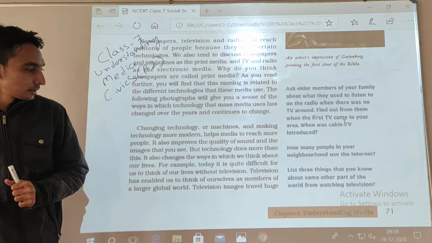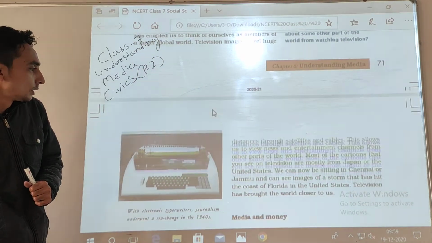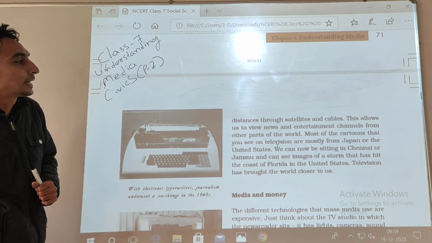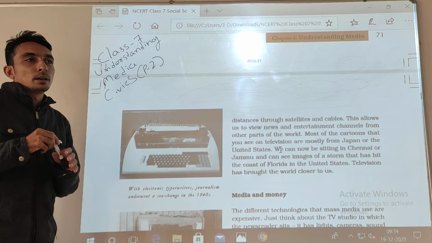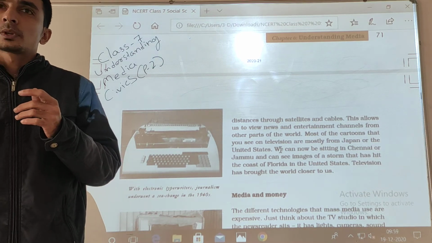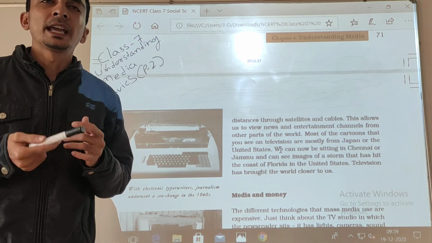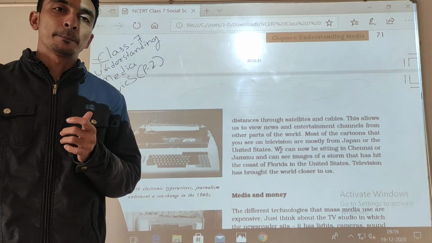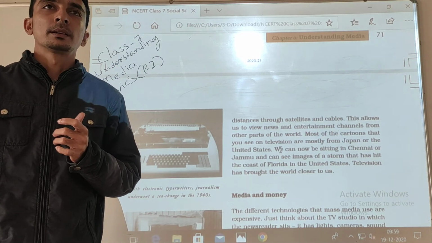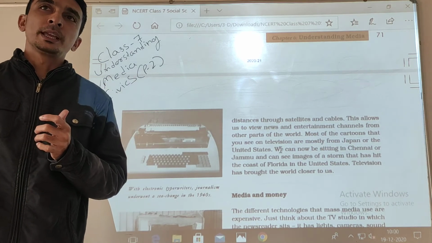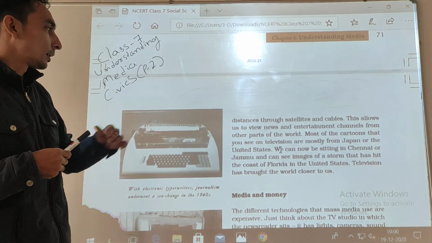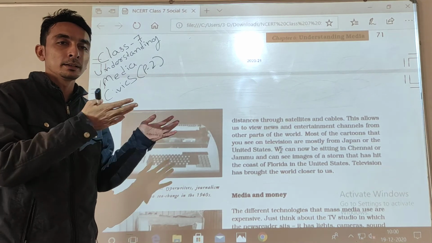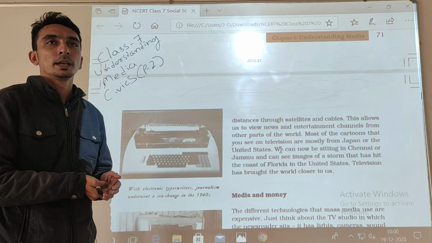Television images travel huge distances through satellite and cable, okay? Let me give you an example of a cricket match. Wherever it is played, for example, in Dubai, a cricket match was going on in Dubai, but you can see that cricket match in your house in India.